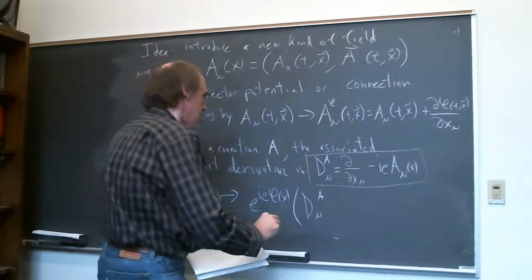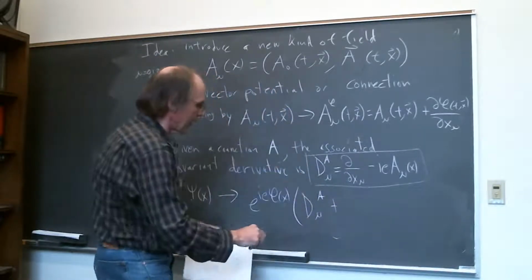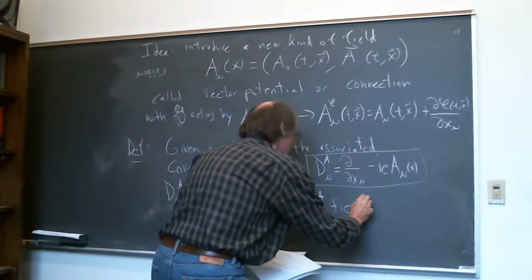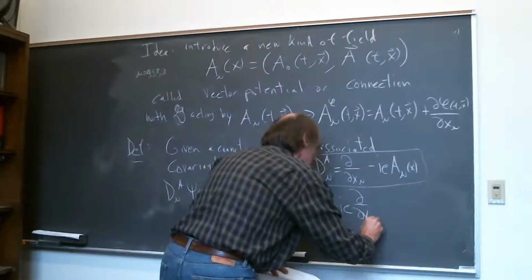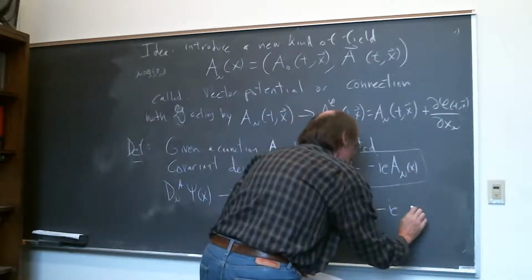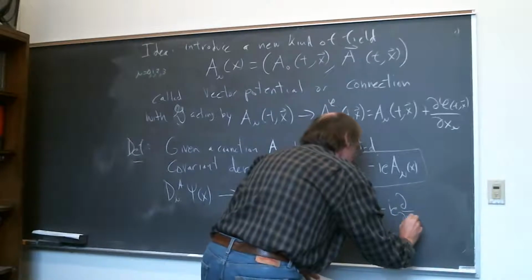And then you're going to have two terms. You're going to have the term from that thing I erased, there's an i e d x mu, and then there's a minus.